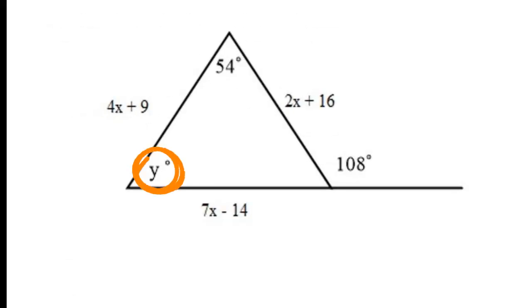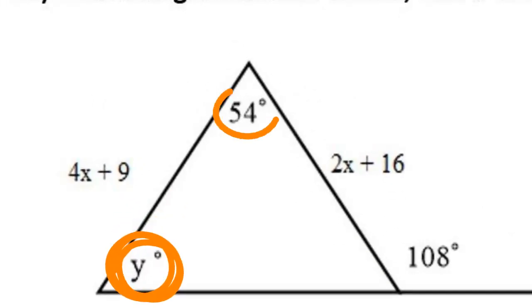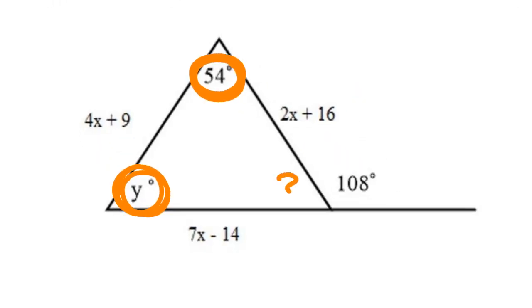Y is right here, which is inside my triangle. I also have this 54-degree angle up at the top. If I knew how big this angle was down here, then I could use my triangle sum theorem. I can add the angles of a triangle together. Yes.